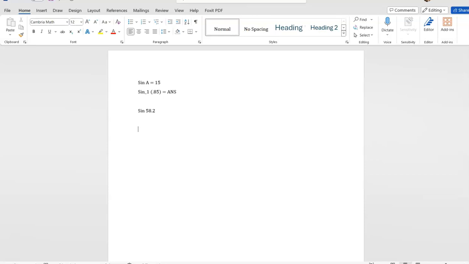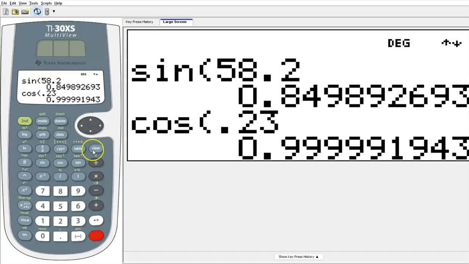But sometimes it is, so for instance, if I was asked to find the secant of A, I'm going to go backwards for a minute.